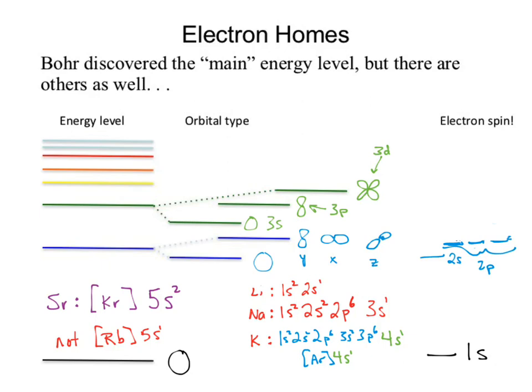Rubidium's not a noble gas, I can't use this configuration. So if we're taking an exam, is it going to be both ways? On the exam, because most people seem to not like the shorthand, you'll get the longhand.